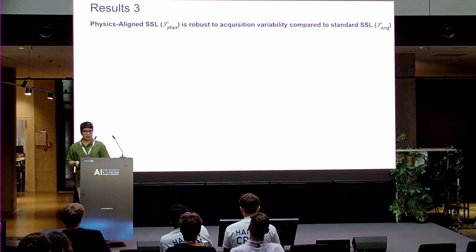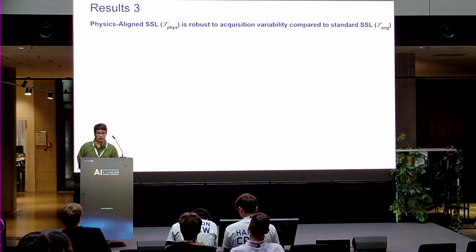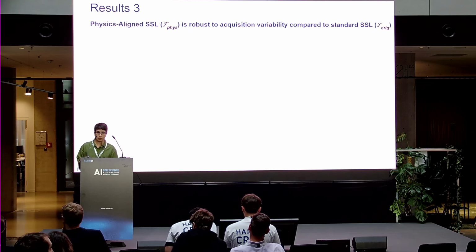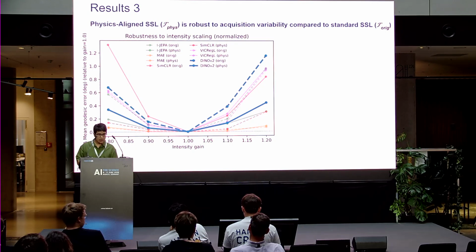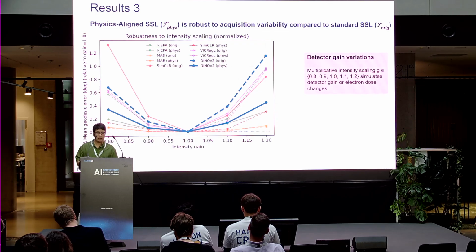We also showed that this physics-aligned model is very robust to acquisition variability. So if there are changes in your image, for example, if you change the intensity of the image and then use the image to make predictions with the models, we show that it outperforms the standard SSL.